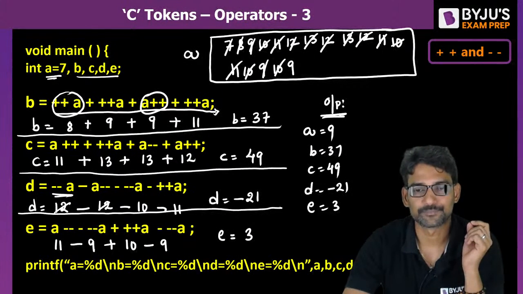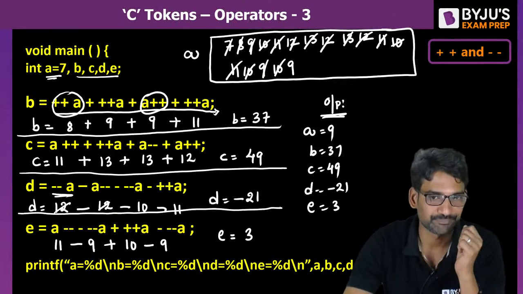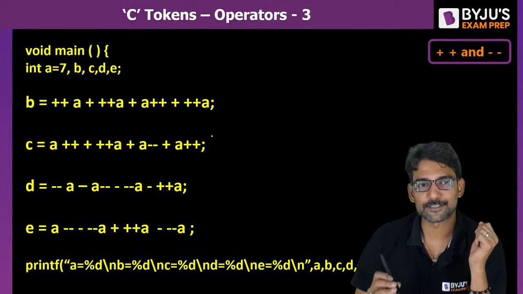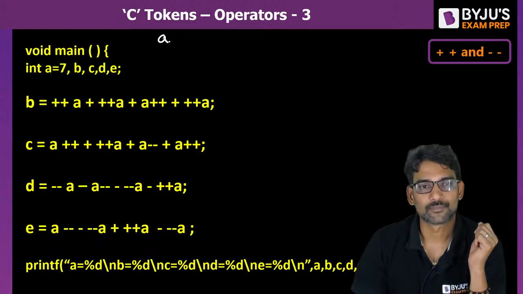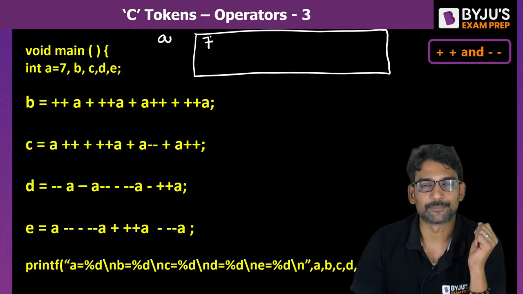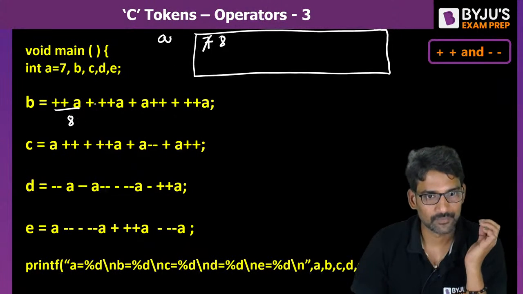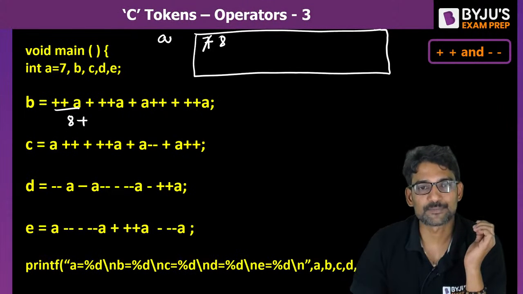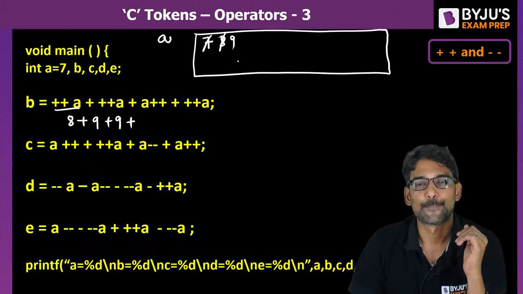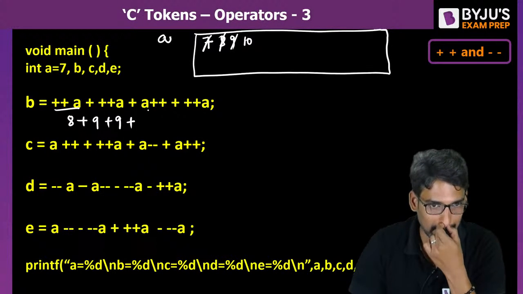Let us see. I'll execute it again, guys. Quickly, let us do. A value 7 plus A 8 plus A 9 plus A 9 plus A 10.